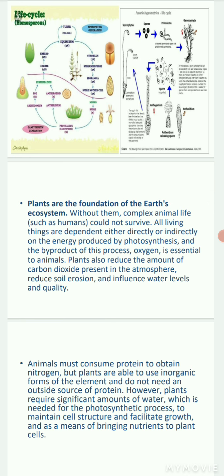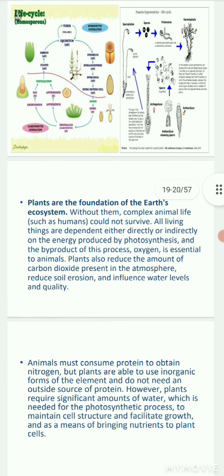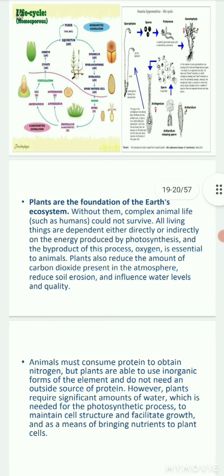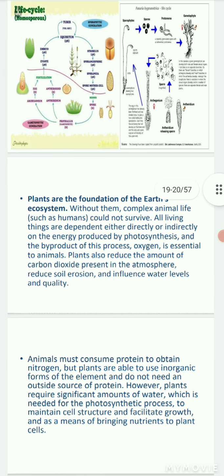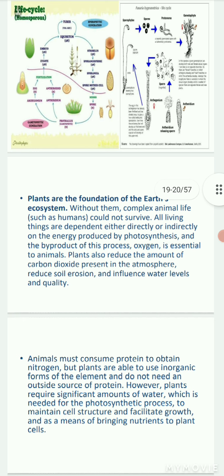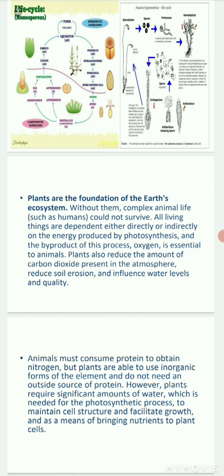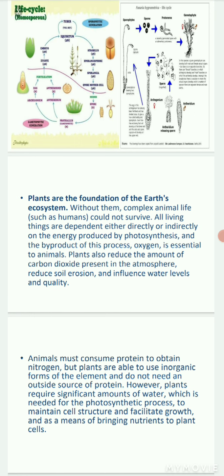All living things depend either directly or indirectly on the energy produced by photosynthesis, and the byproduct of this process, oxygen, is essential to every animal for survival. Plants also reduce the amount of carbon dioxide in the atmosphere, reduce soil erosion, and influence water levels and quality.